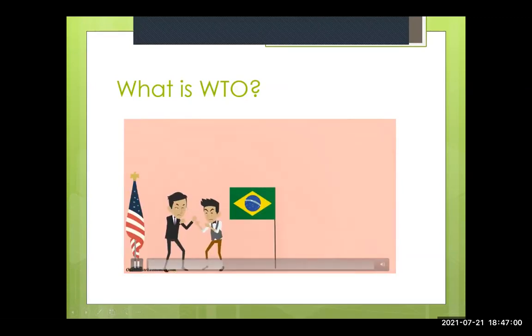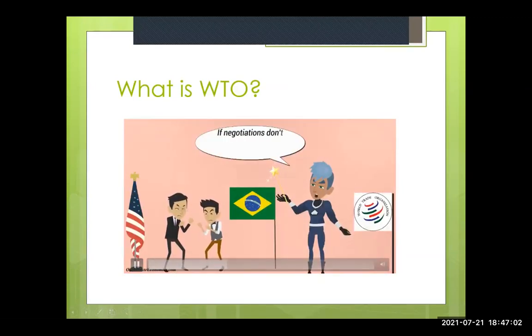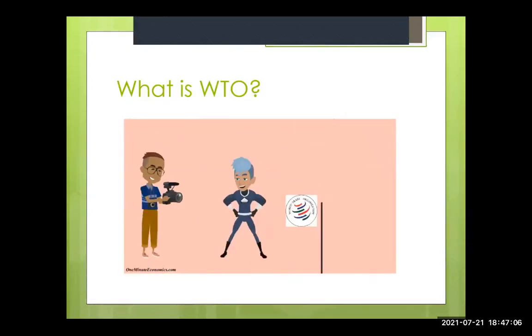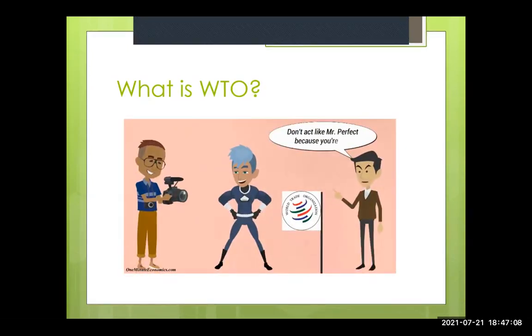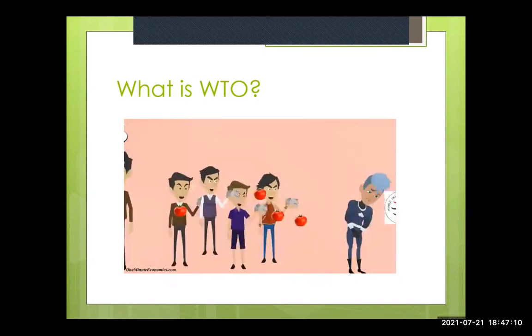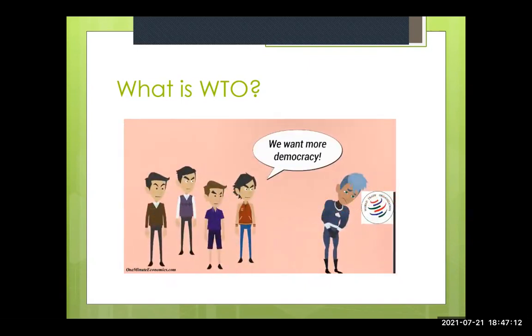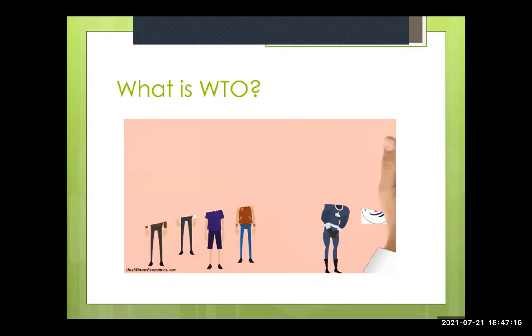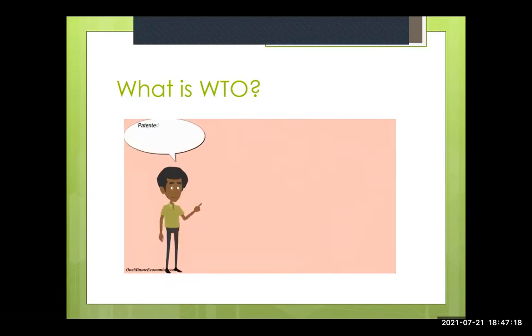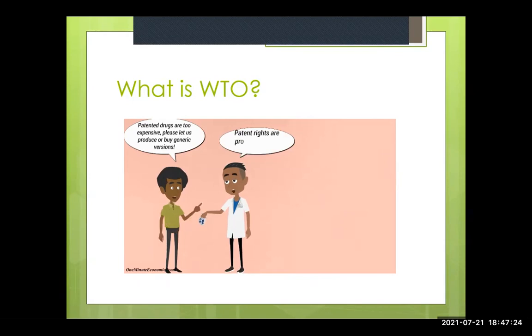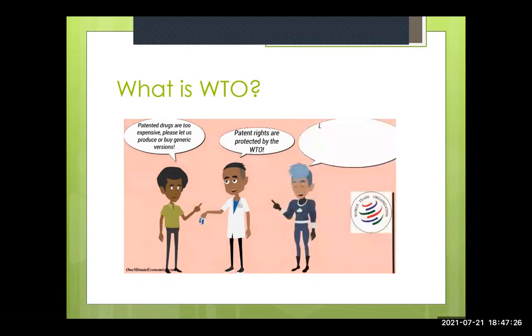Through negotiations. 3. If necessary, the organization can even impose sanctions on countries which break the rules. All of this might sound great, but like any other organization out there, the WTO also received criticism because 1. Some citizens believe letting the WTO create rules that their country has to follow is undemocratic. 2. In certain cases, the WTO risks hurting people to protect business interests. For example, poor countries that can't afford expensive patented medicine, such as HIV drugs, had to wait until patents expired before producing or buying cheaper generic versions.